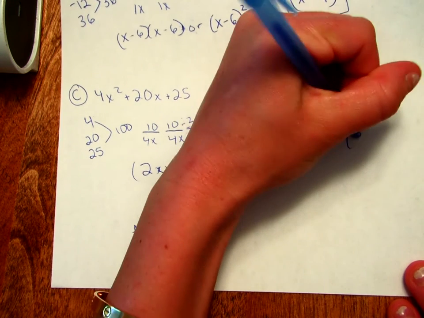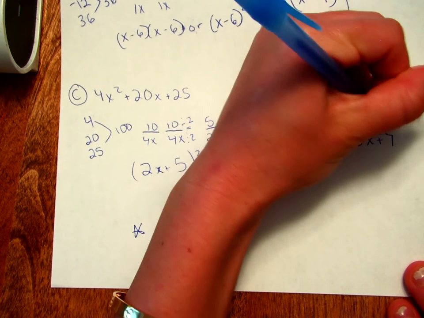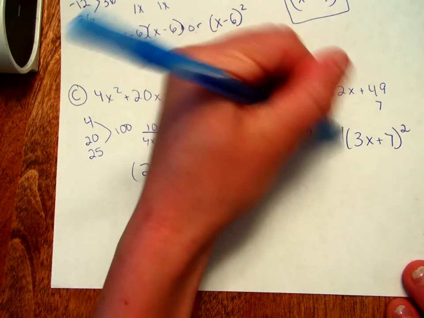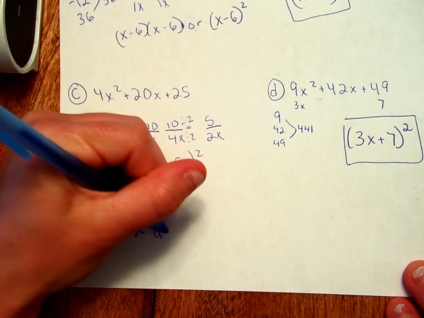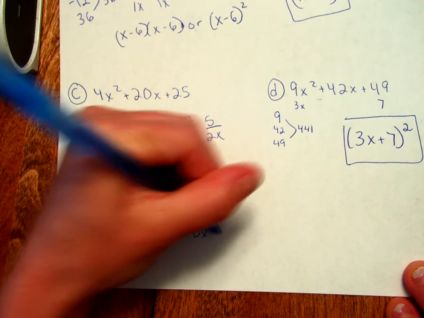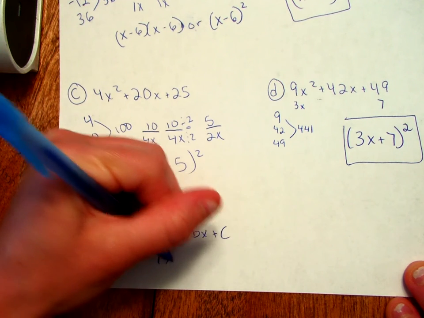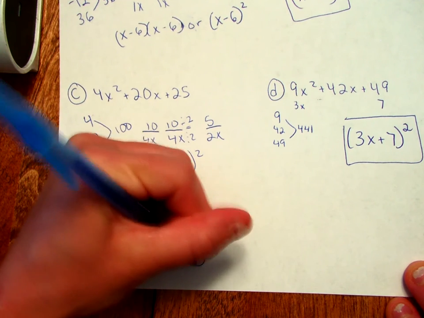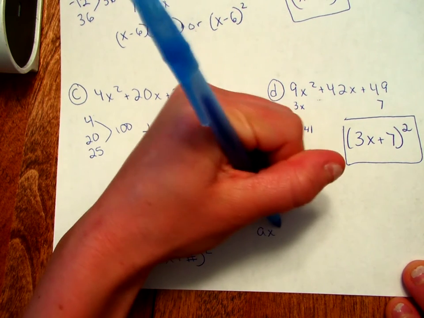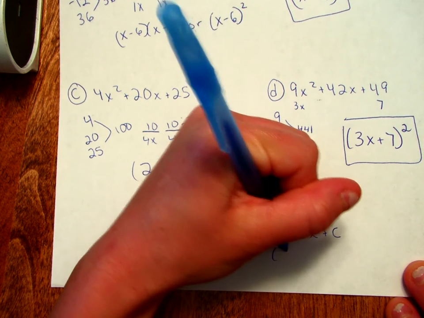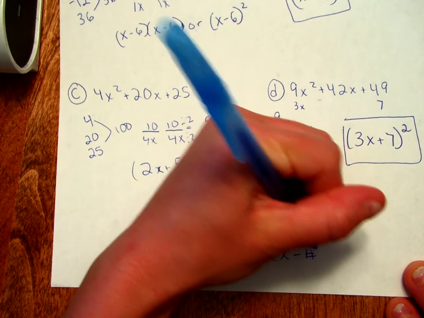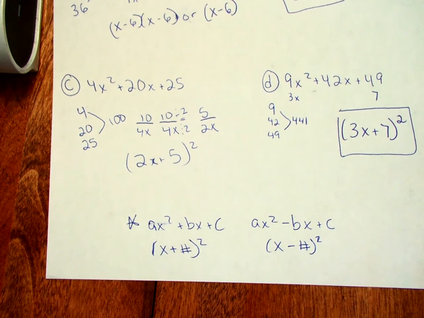So it becomes 3x plus 7 squared. That's it. So keep in mind, ax squared plus bx plus c will result in x plus a number squared, and ax squared minus bx plus c gives you x minus a number squared.